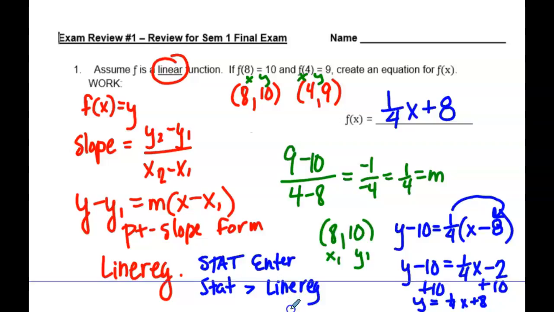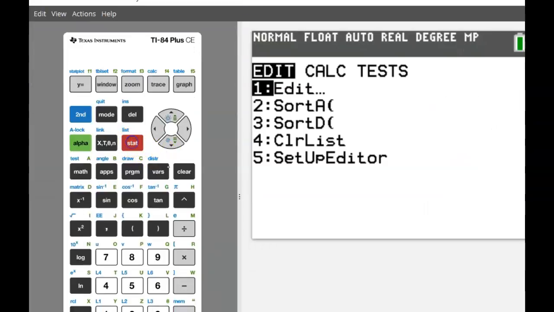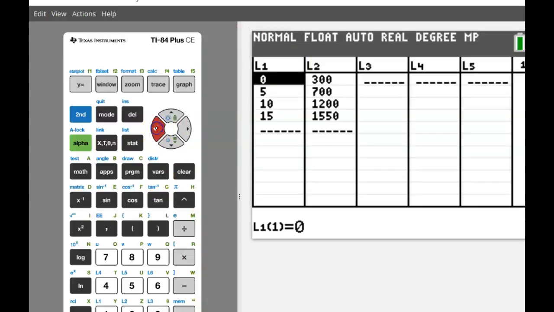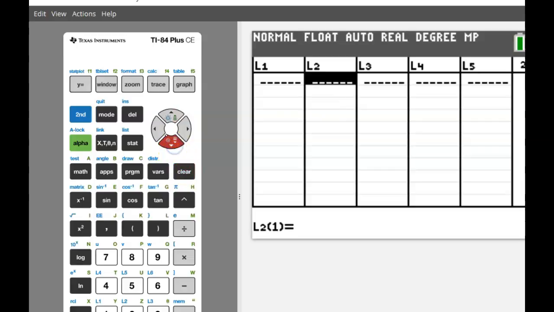And you don't have to do any crazy save or anything like that today if you just want to find the equation of a line. So it's stat, enter, and then we want to put in just those two ordered pairs. So you go up onto the title, hit clear, enter, or clear and down arrow to get those all out of there.